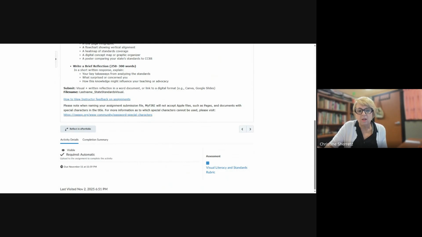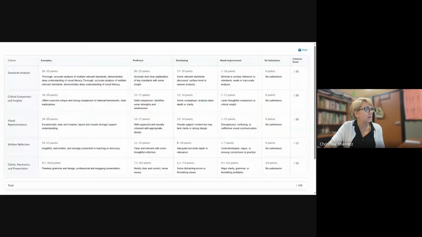I always like to show you guys the standards, but actually, not the standards, but the rubric. We're going to start with the end in mind. So the rubric for your assignment this week is, did you thoroughly and accurately analyze multiple relevant standards that demonstrate visual literacy, both viewing and visually representing? Did you offer a critique?